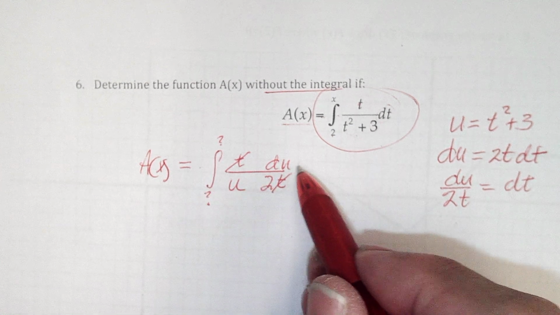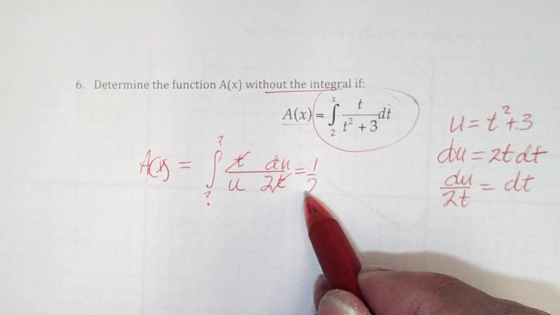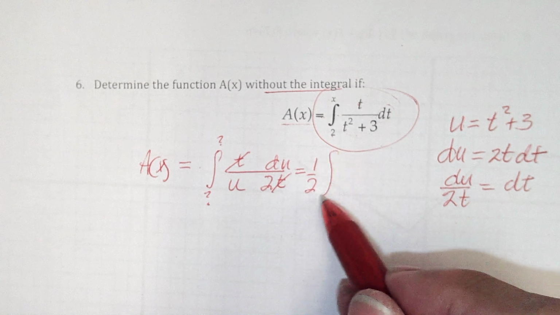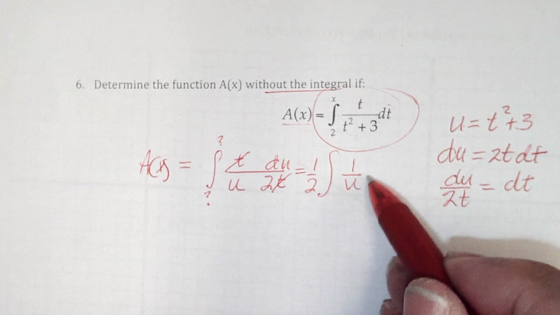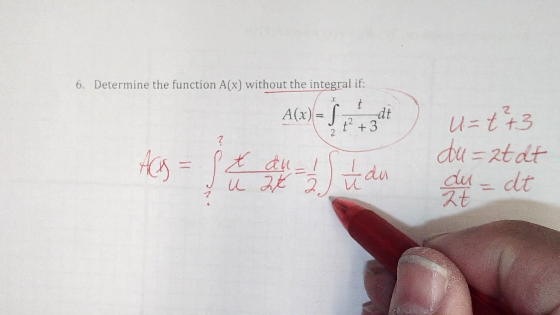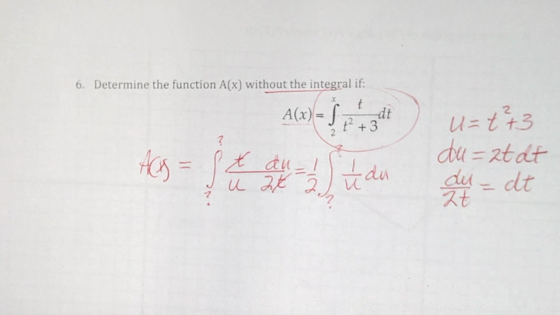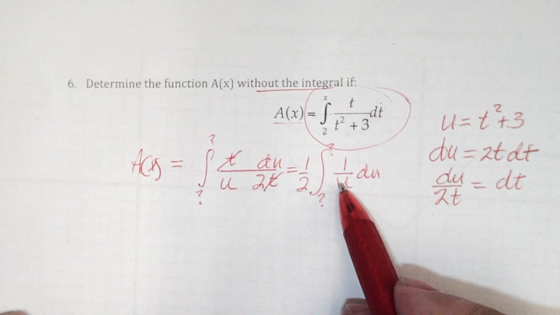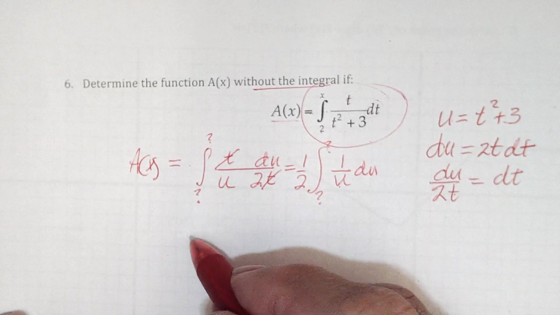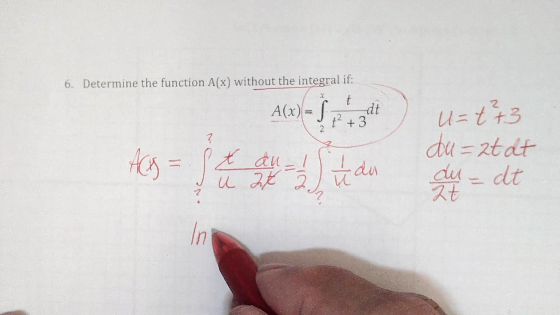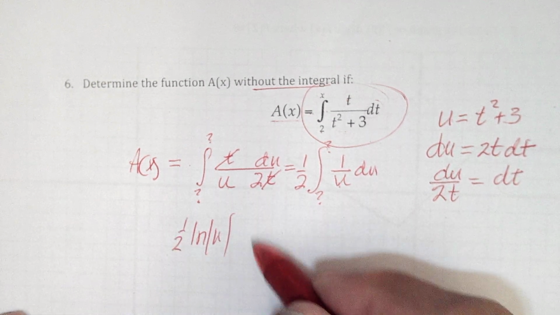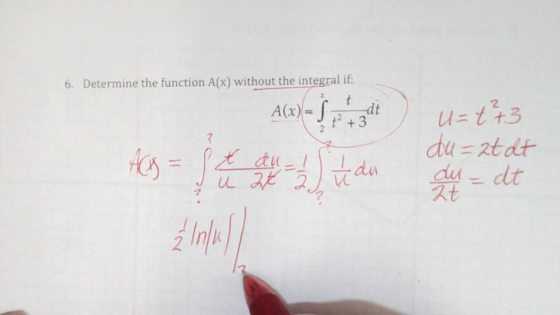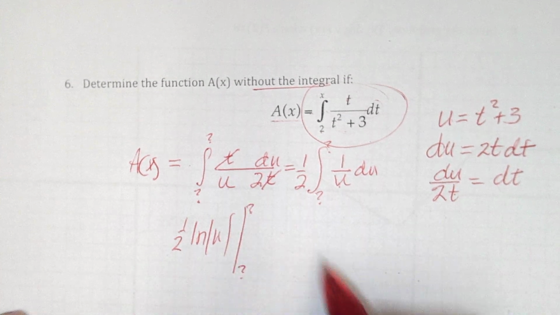The 2 can be pulled out as 1/2, and then I'd have the integral of 1 over u du with unknown limits, and the integral of 1 over u is ln u, and we'd be evaluating from something to something that I didn't figure out.